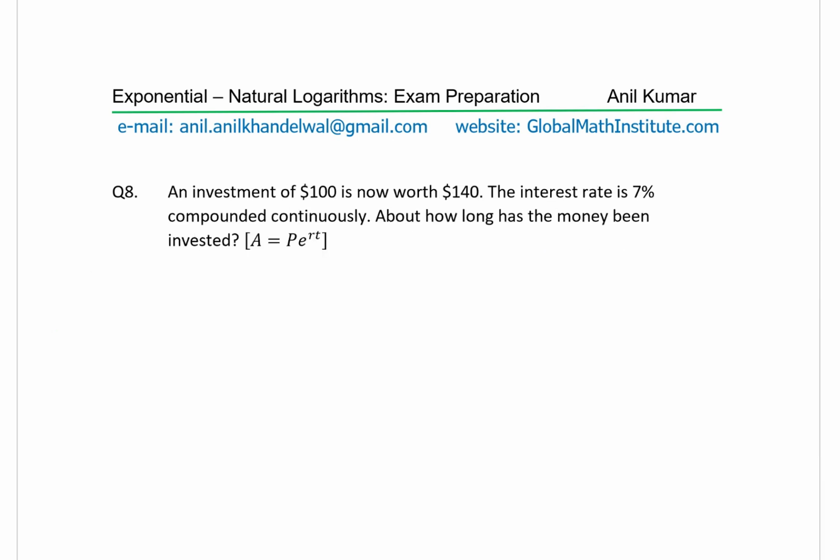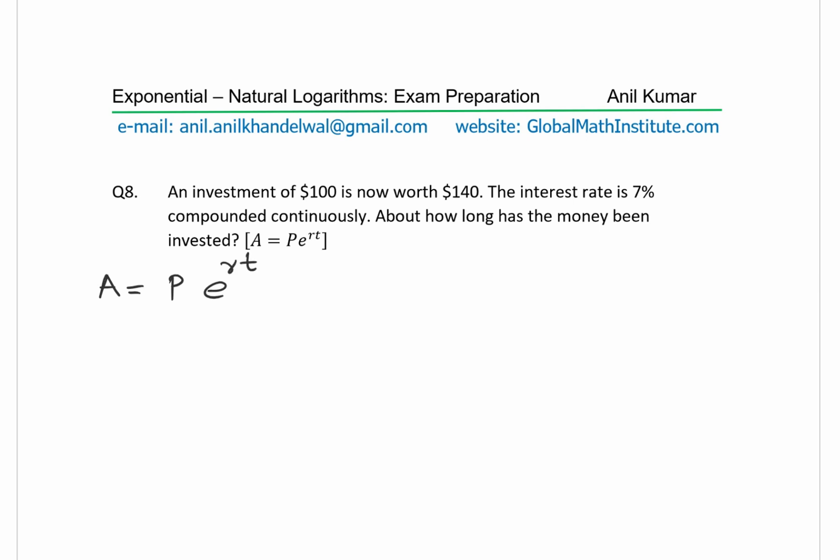The next question here is, an investment of $100 is now worth 140. The interest rate is 7% compounded continuously. About how long has the money been invested? We are also given the continuous growth rate. So we know the formula is A equals P e to the power of rt, right?